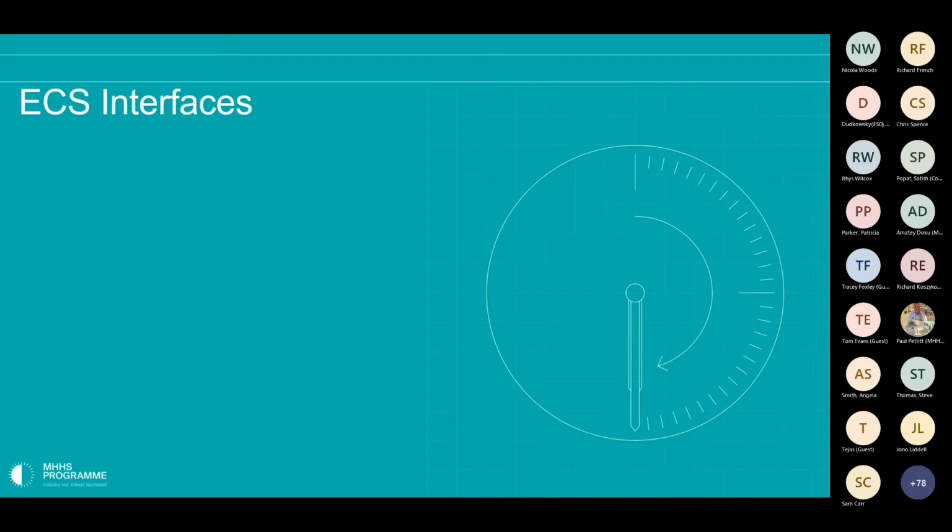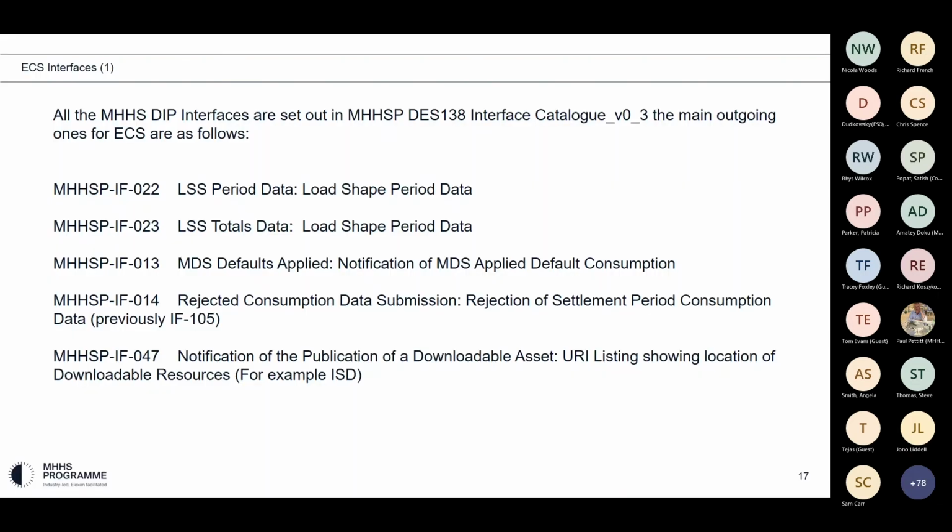Okay, moving on. So we're moving on to the interfaces now. The interfaces are set out in this document here, which is DES 138, which is the interface catalogue. You'll see within that it looks like a spreadsheet, and there is a tab for the different interfaces.